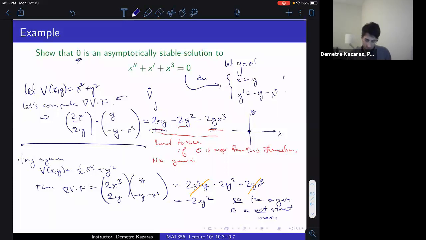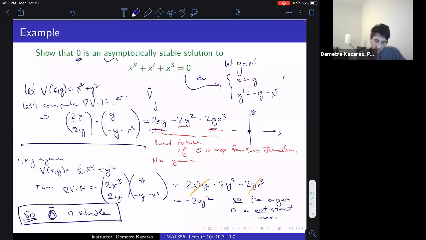Okay, good. So what do we conclude from this? All we know is that the origin is stable. So let's just call it 0 is a stable equilibrium point. But that's not what the problem asked for. I wanted to know if it's asymptotically stable, that it actually attracts nearby solutions. The job's not done yet.